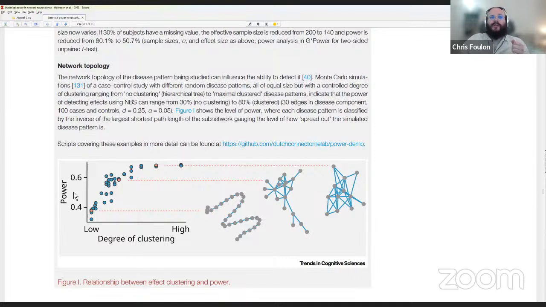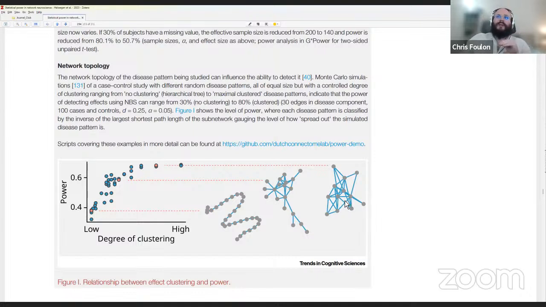And you see that the power is enormously reduced when you have some kind of sequential network compared to a more clustered and even more loop-looking network. And this is because the network-based statistics are affected by the degree of clustering of the networks.